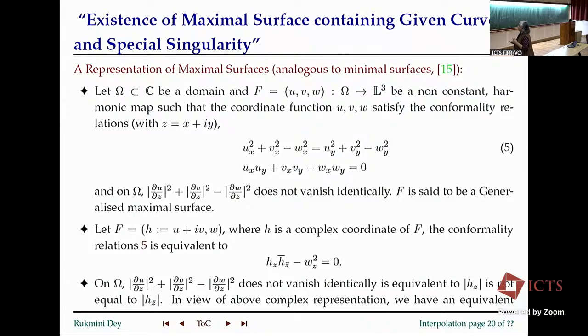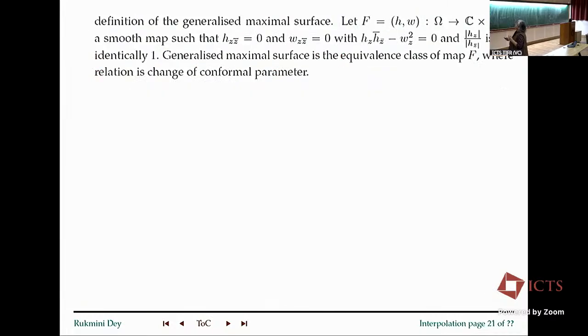This is the condition of conformality. And maximal surface means h_z z bar is 0 and w_z z bar is 0.